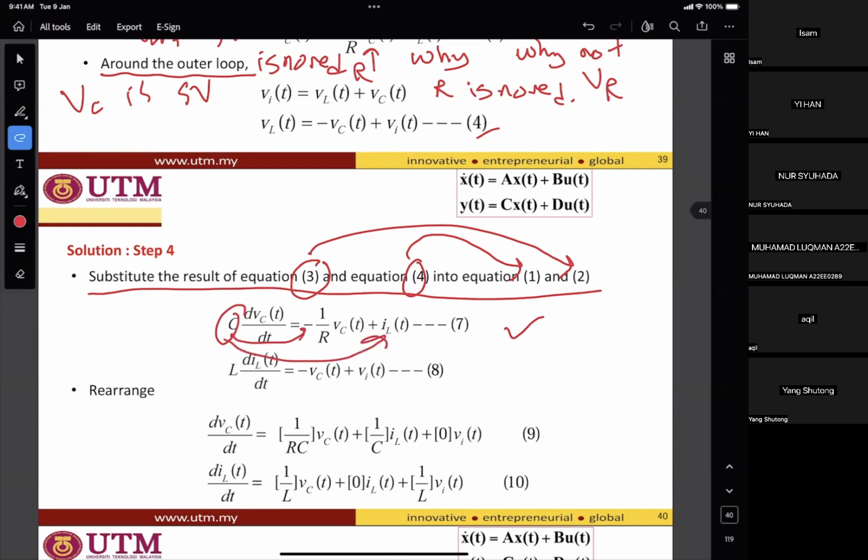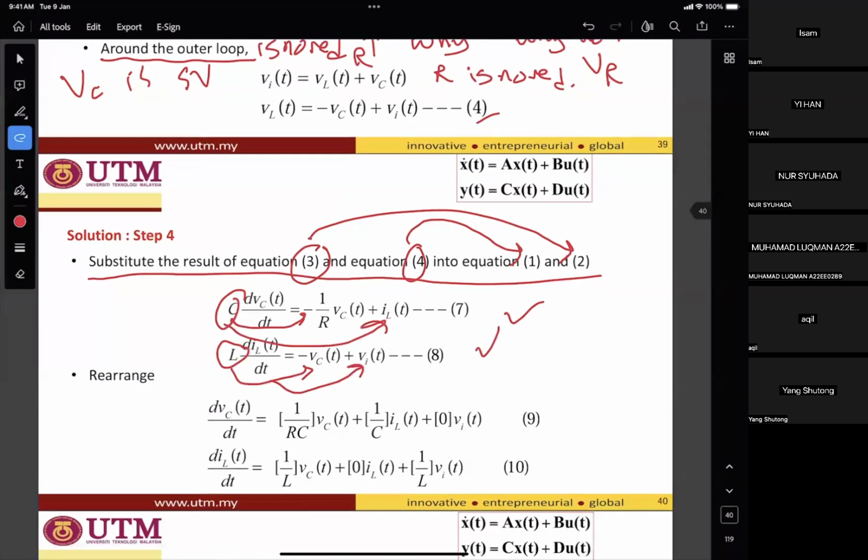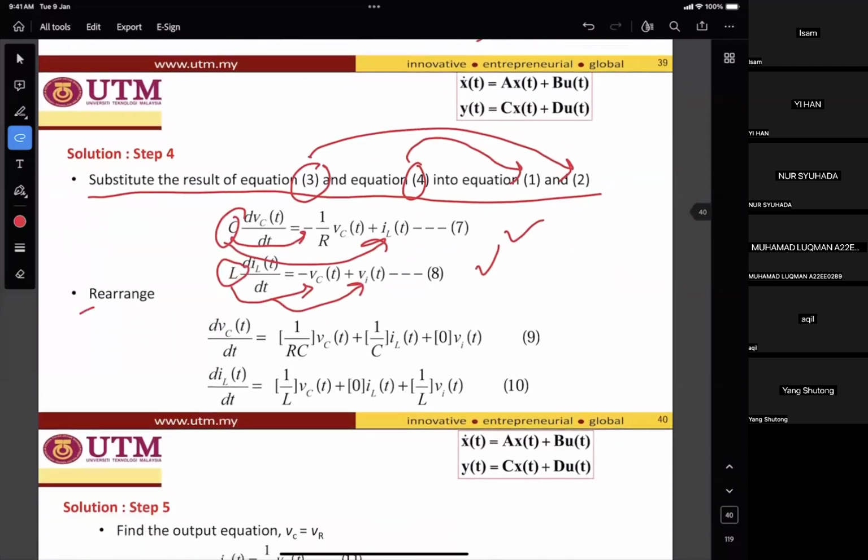L dIL/dt equals minus VC plus VI, equation number 8, and L we also have to move to the right. Rearrange. So dVC/dt is equal to minus 1 over RC VC.